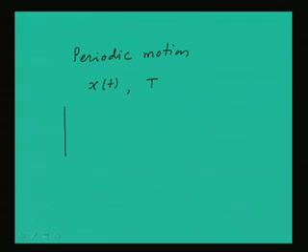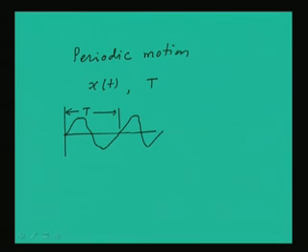So, if we see a particular signal, it is repeating after this time. This is the period of the signal, and the frequency of the signal in cycles per second is given by the inverse of the period. From here we can see the condition for the periodicity is this.